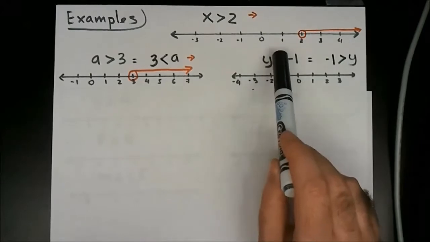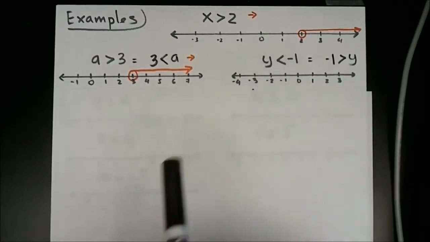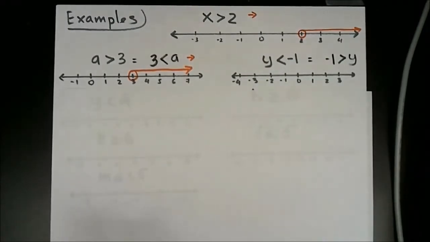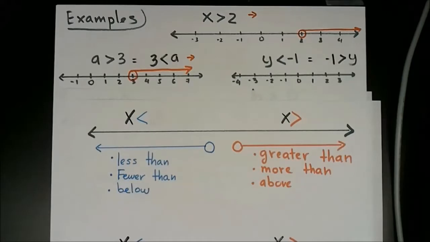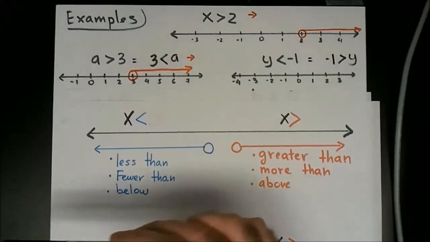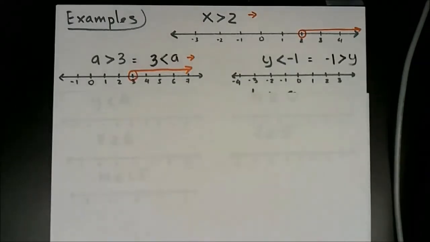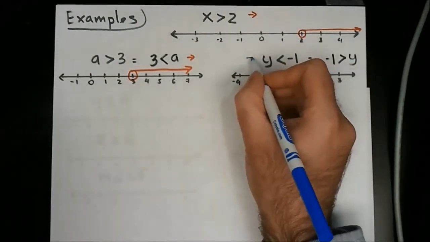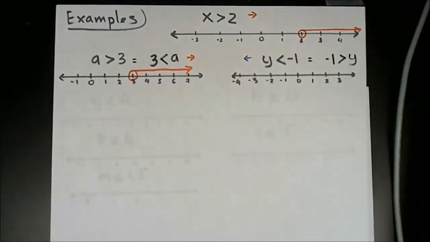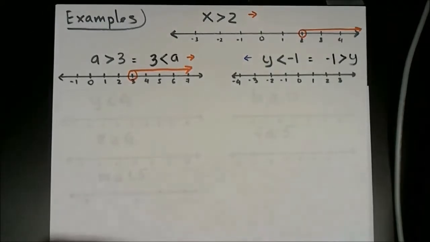If the variable is closer to the pointy end or the small part of the alligator symbol, then we move in the left direction, that way. Okay, so we just figured that out. We're moving left. What's my starting point?